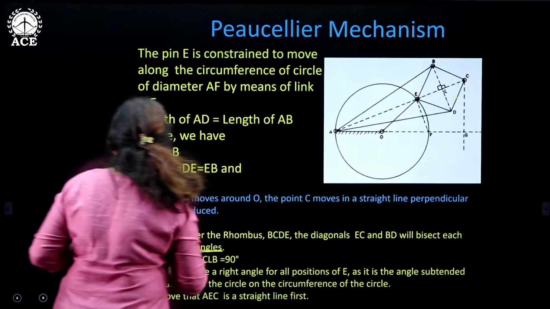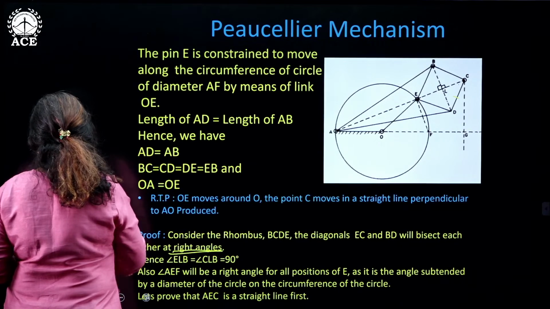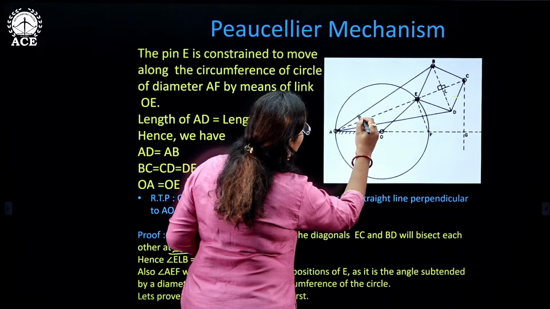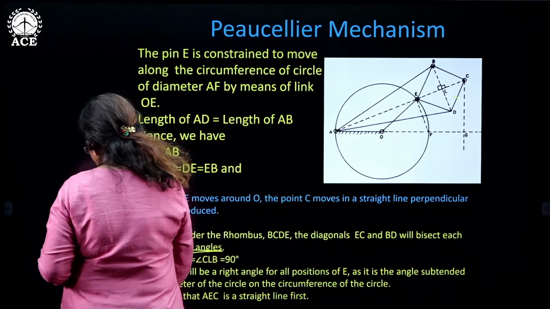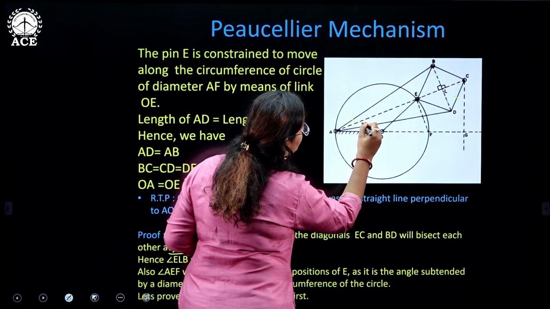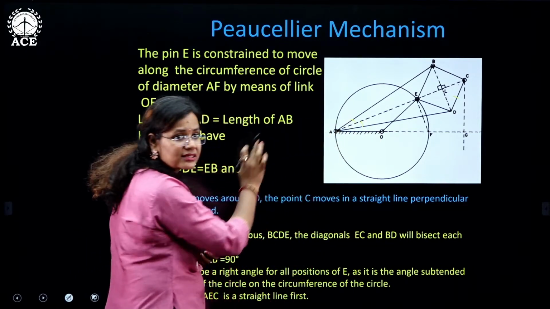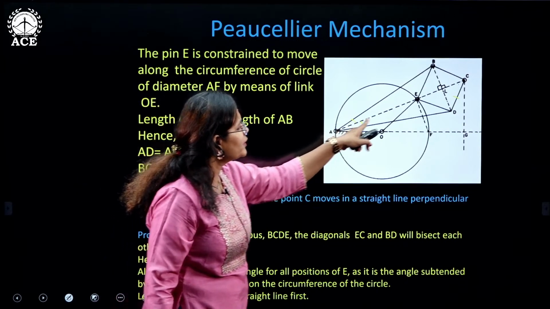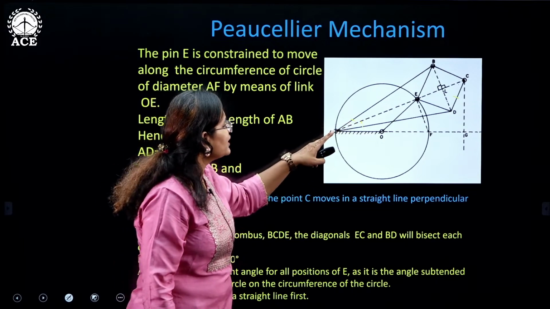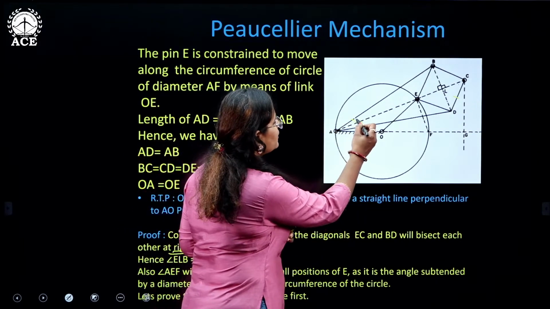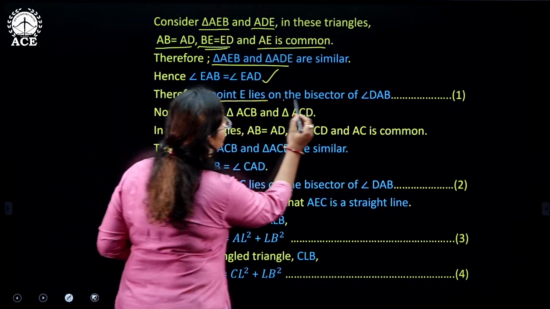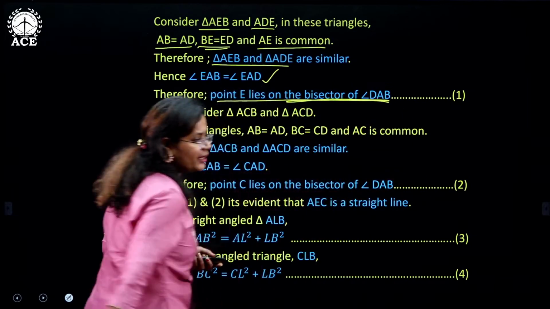I'm talking about this particular angle being equal to this particular angle. When these two angles are equal, I can say that this particular line is bisecting the total angle. Yes? So when it is bisecting, this angle is equal to this angle. That is what is proved over here. So E lies on the bisector of angle DAB.